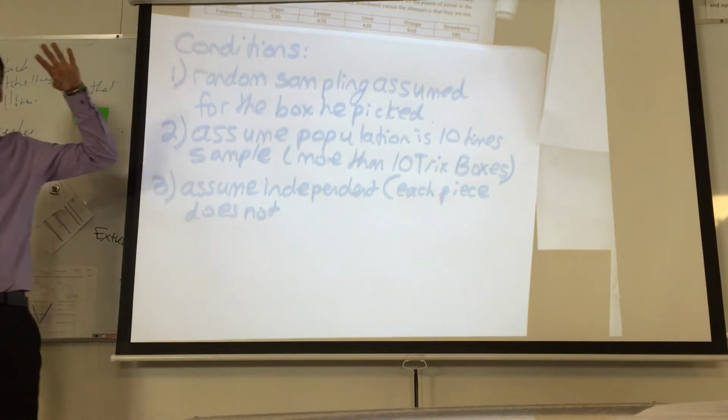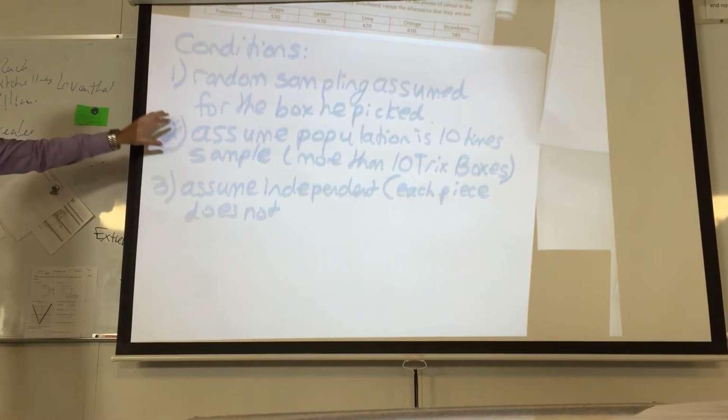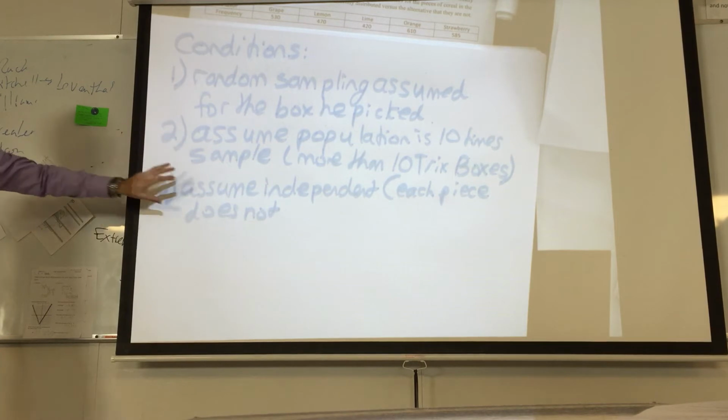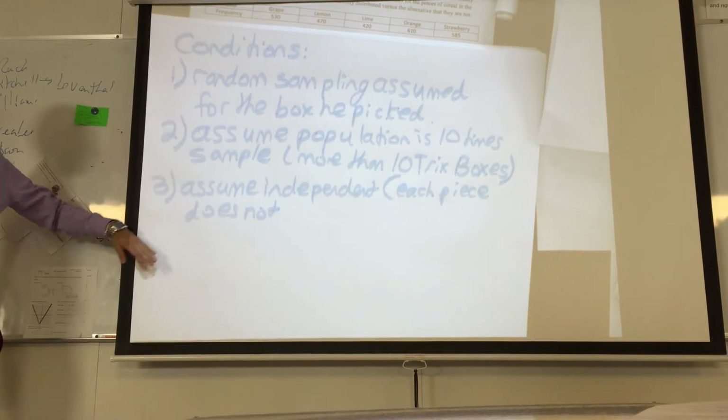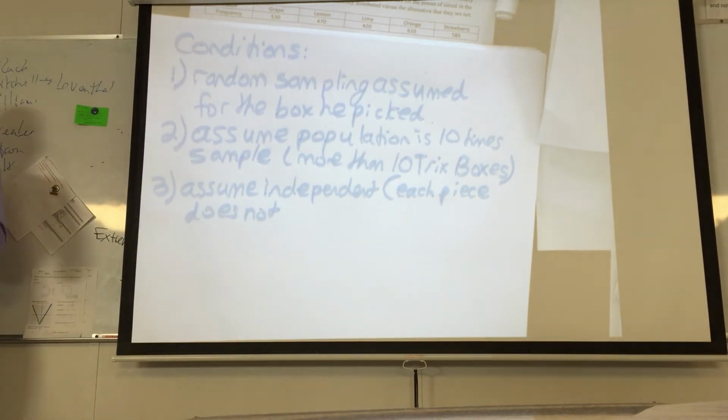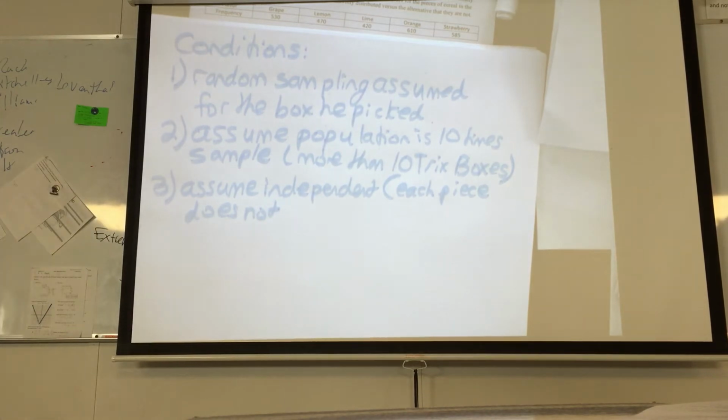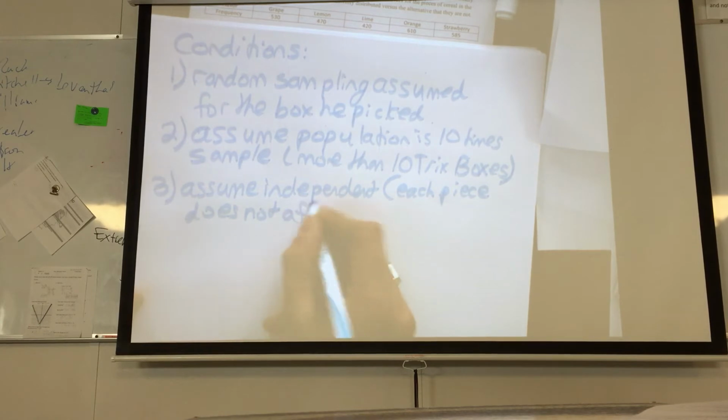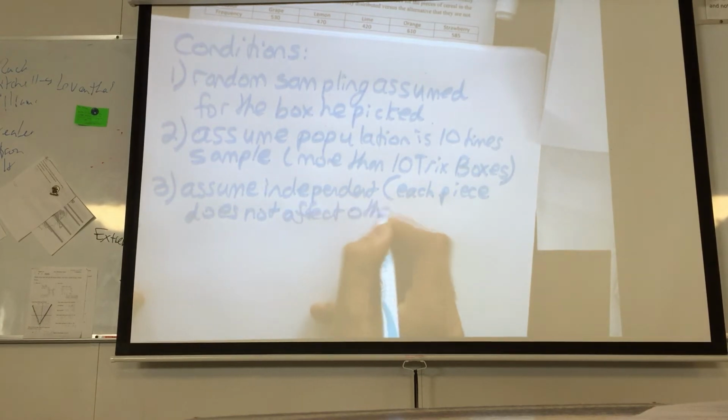So we have 4 conditions: random sampling, population is 10 times the sample, independent, and the last one, remember, was that the expected count was greater than 5. So we're saying each piece doesn't affect the other.